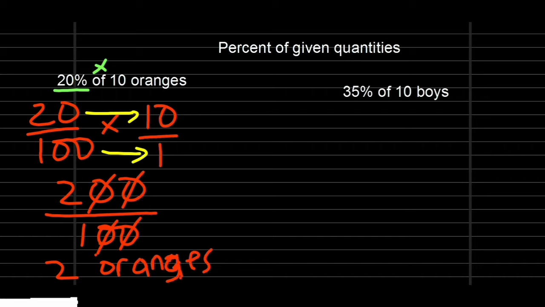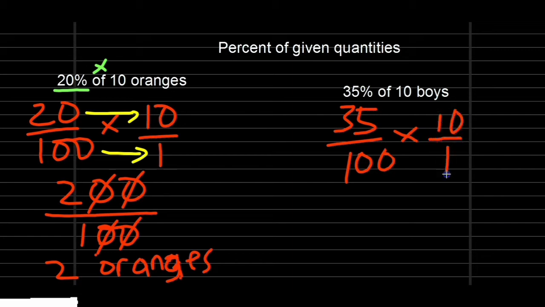The next question is 35% of 10 boys. So the 35% will be changed to a fraction. That will be 35 over 100 times 10 over 1, because every whole number is over 1.